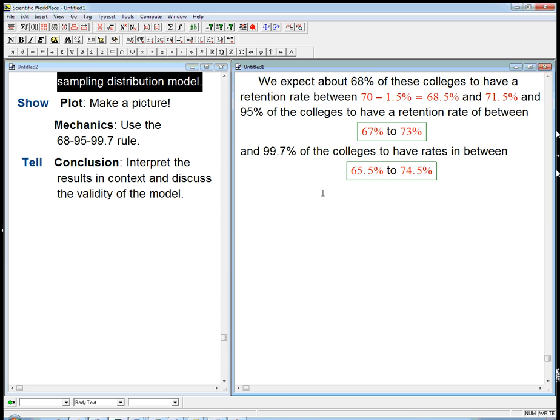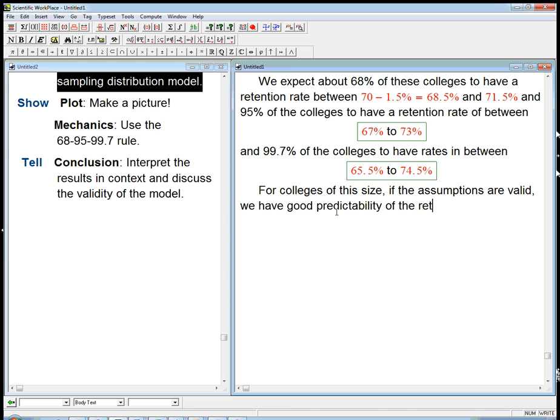Okay, what about the tell stage, the conclusion? Okay, interpret the results in context. Well, let's say for colleges of this size, if the assumptions are valid, we have good predictability of the retention rate.